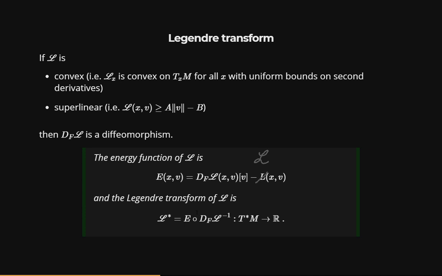And L star is the energy composed with the inverse of the fiber derivative. Now, this starts to look like the Legendre transform you know, because the Legendre transform you know is x times p minus the function, and you want to optimize this functional. And this is the actual form of the optimization in this case.